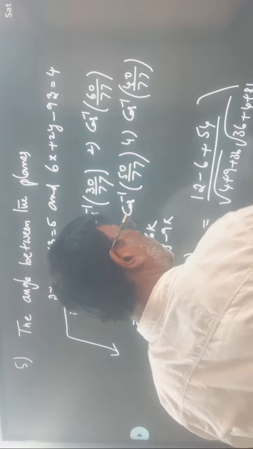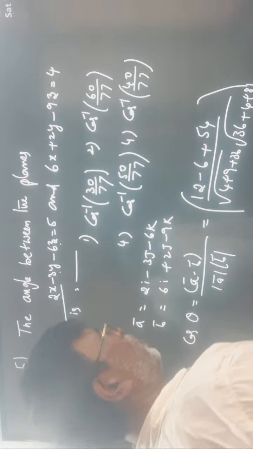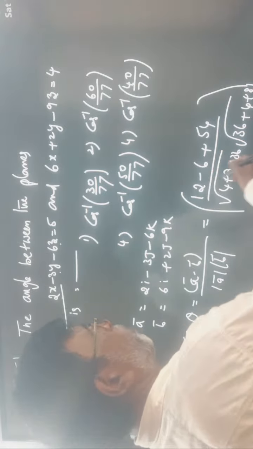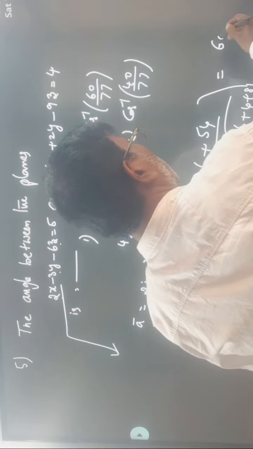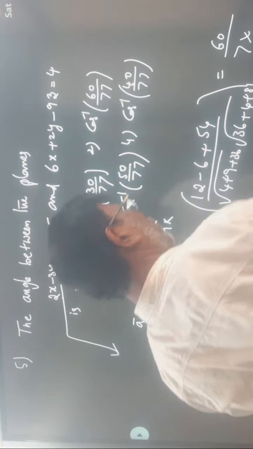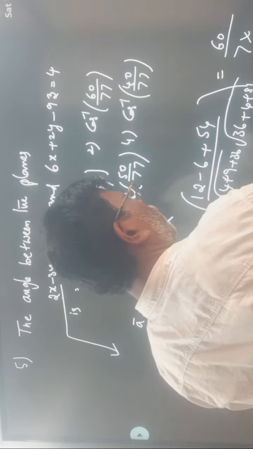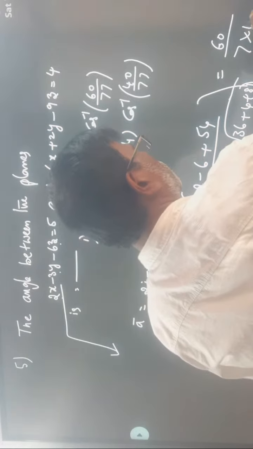So 60 by root 49, which is 7, and 36 plus 4 plus 81 is root 121, which is nothing but 11.